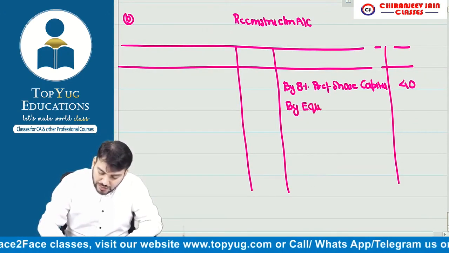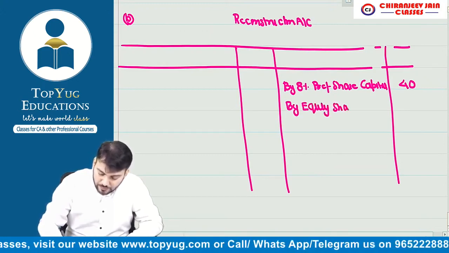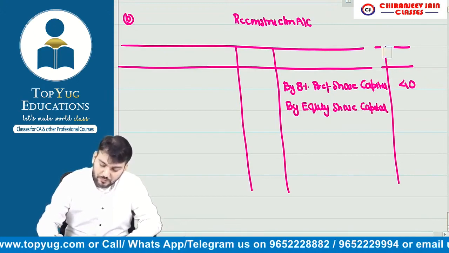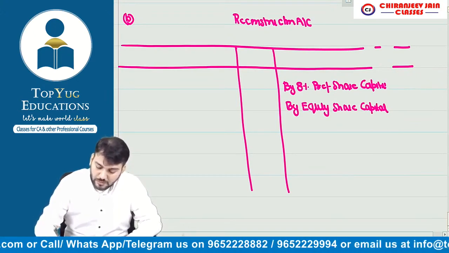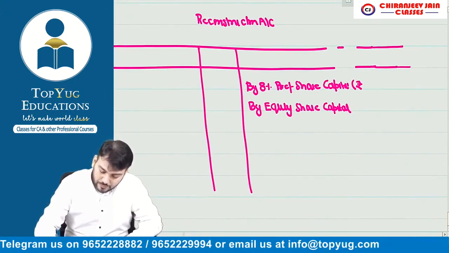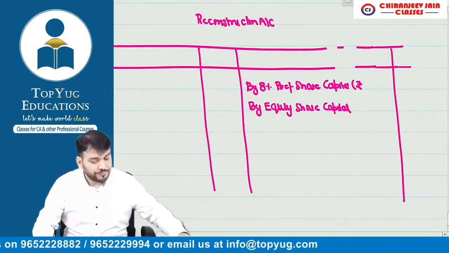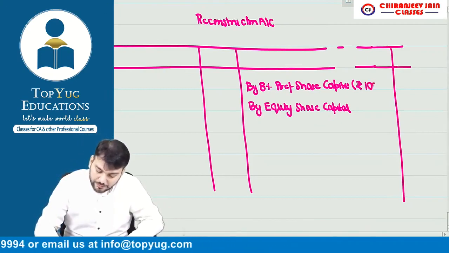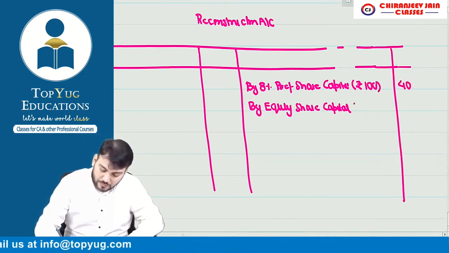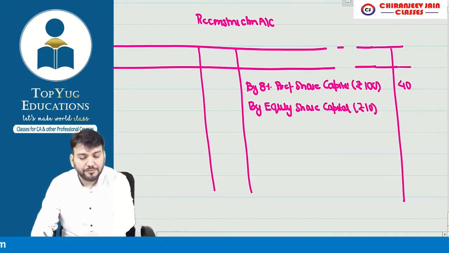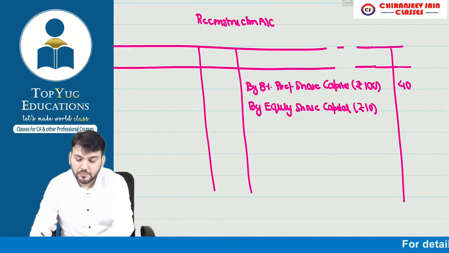Then by equity share capital, write this also, rupees how much, 100, 10, so that is 400 lakh.